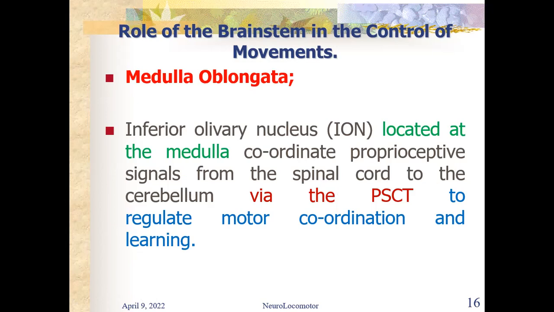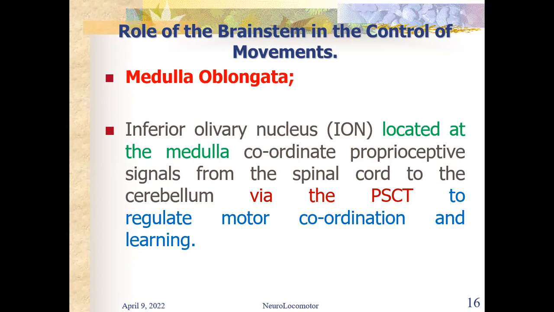Remember when we talked about auditory impulses being transmitted. Once you look at the auditory pathway, auditory impulses are transmitted and they ascend the brainstem. They pass through the cochlear nuclei in the medulla. As they ascend, they reach the pons where you have the superior olivary nuclei.